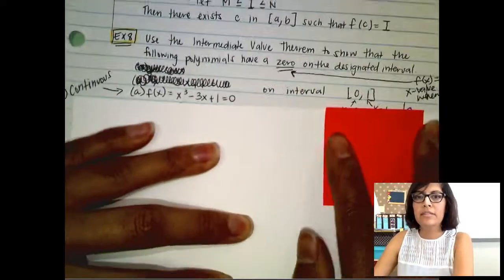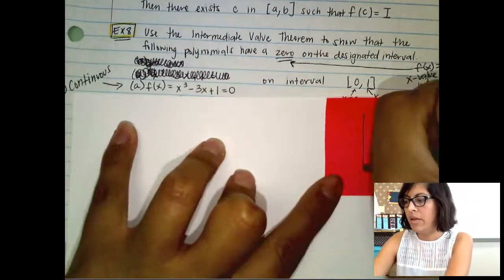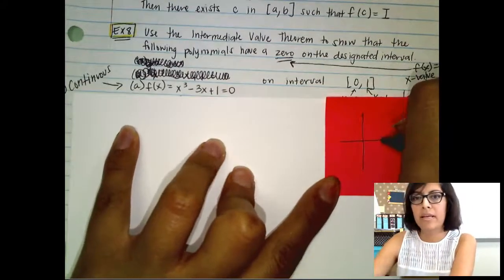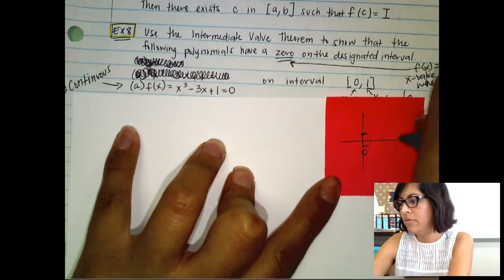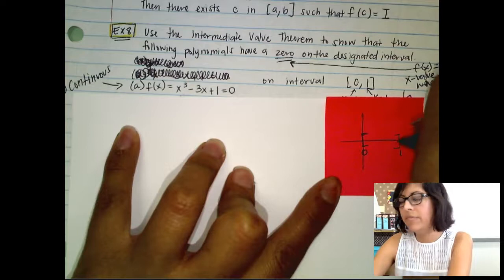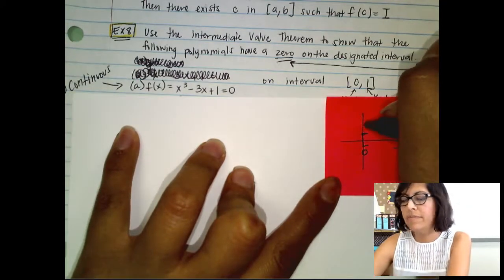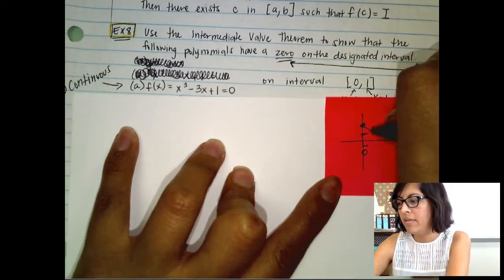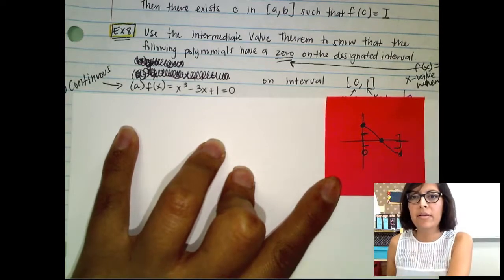So for instance, to find the solution, if we're going from 0 to 1, we're either going to have an x value right here that goes down and crosses at 0 somewhere over here.